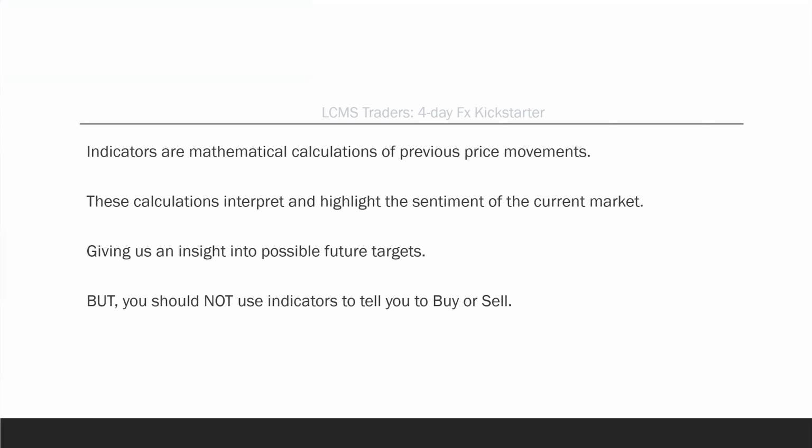With that said, indicators or price action are mathematical calculations of previous price movements. We can't calculate future price movements because we don't know what the future is going to be, but it calculates the previous price movements. These calculations are interpreted and highlight the sentiment of the current market, because everyone's going to see what happens from price previously and form their bias of what could happen into the future.